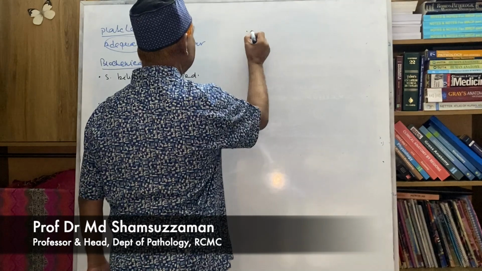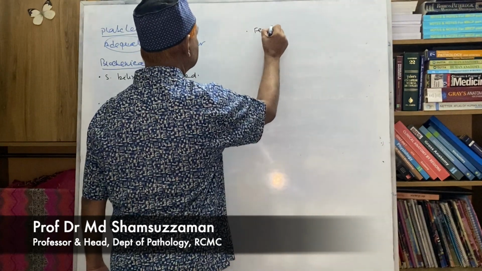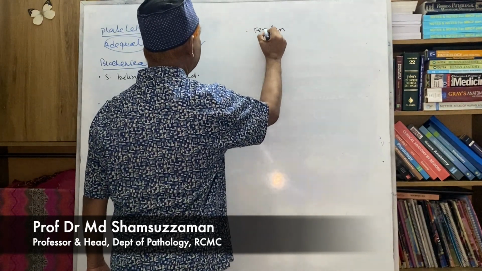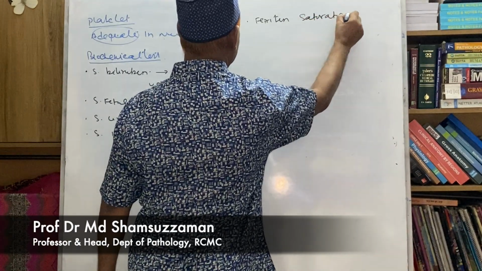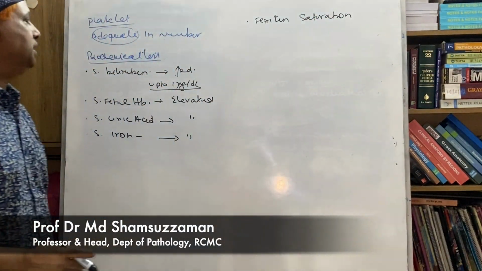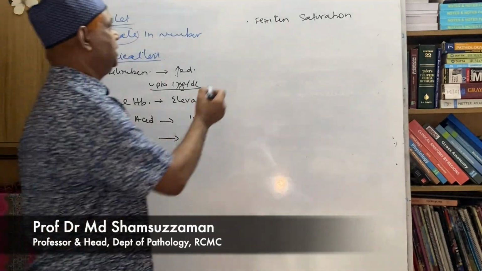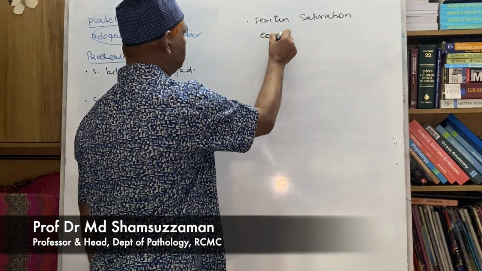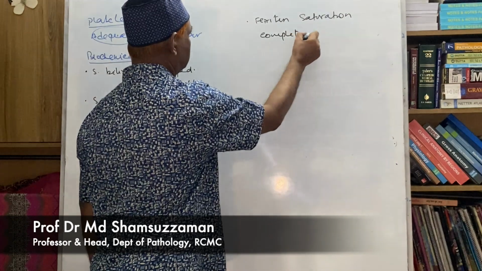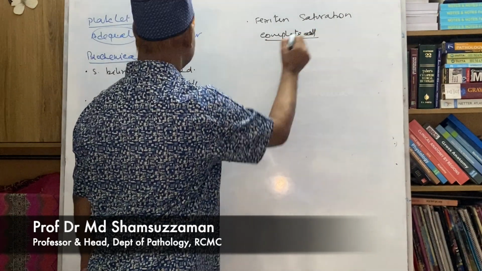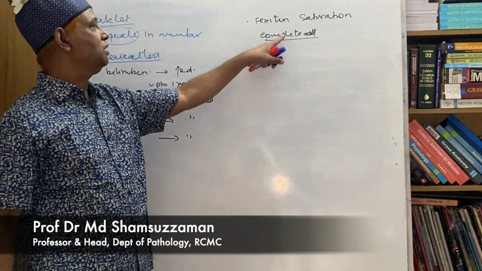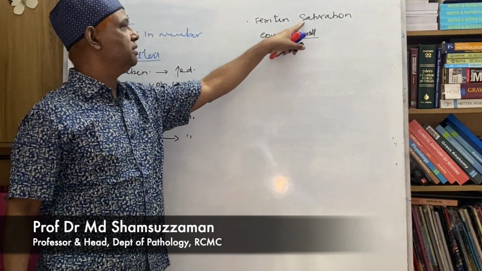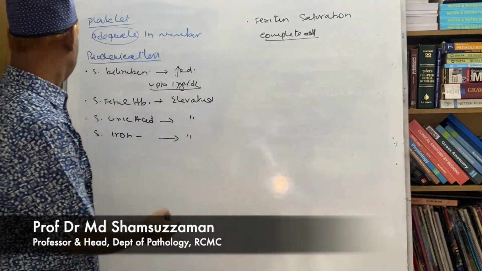Then ferritin saturation. The ferritin saturation is completed in the body. As iron is released from the destroyed RBC, there is completion of ferritin saturation in plasma.